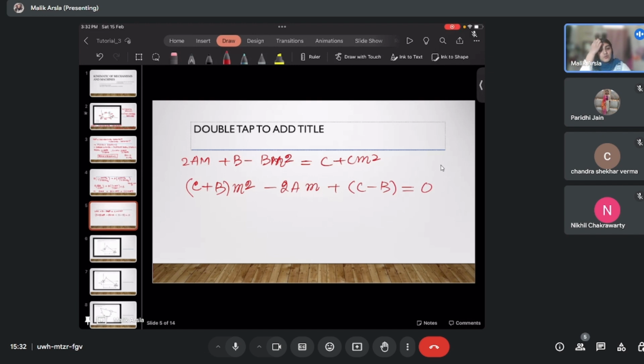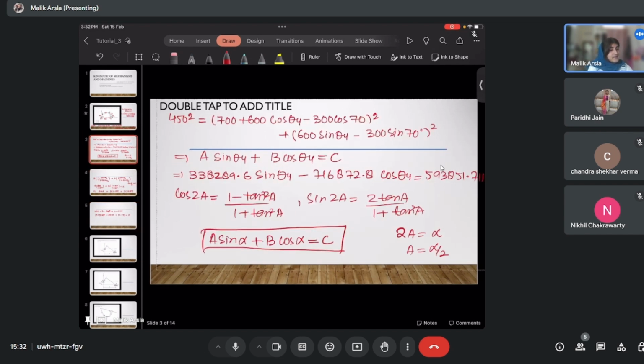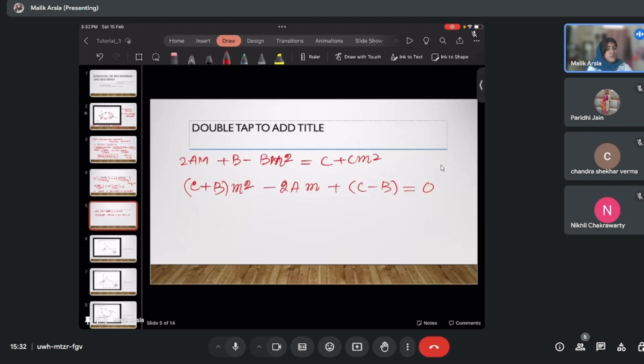Now tell me the roots of this quadratic equation. You can compare it with this. This is your a, this is your b, and this is your c. This I have already given you. Now you can compare these coefficients and solve this quadratic equation. So tell me what roots you are getting here.